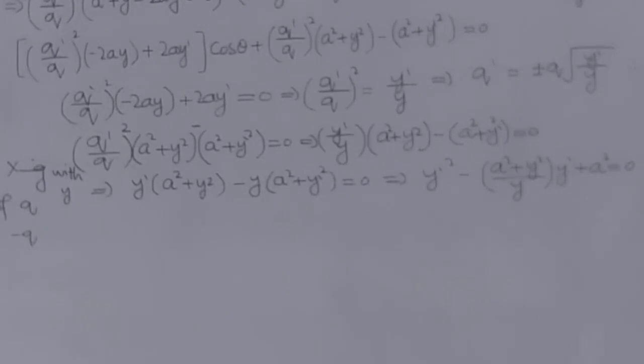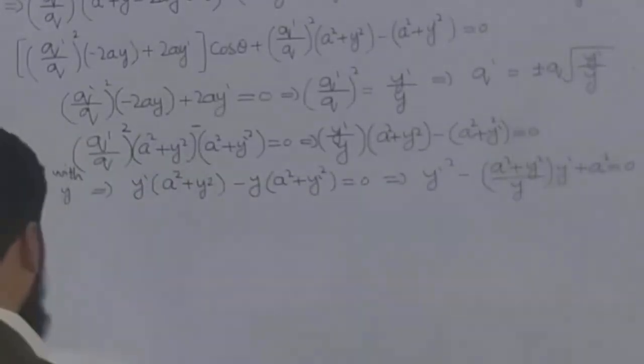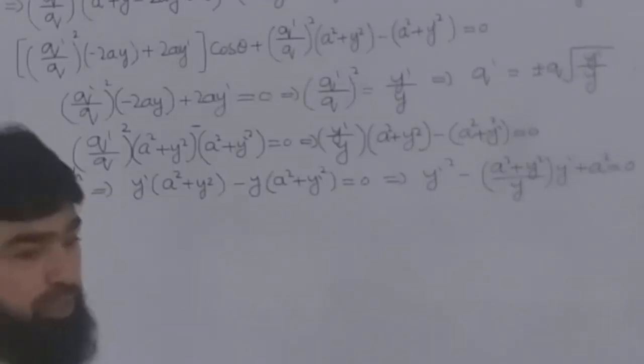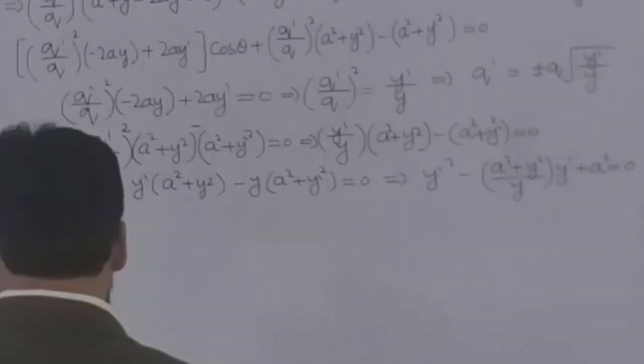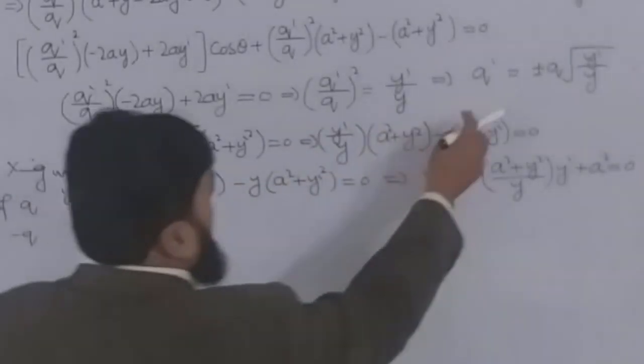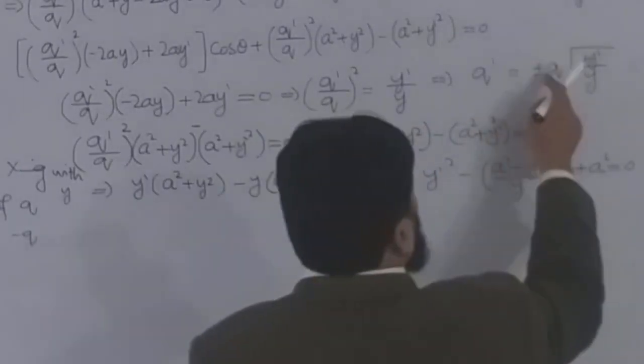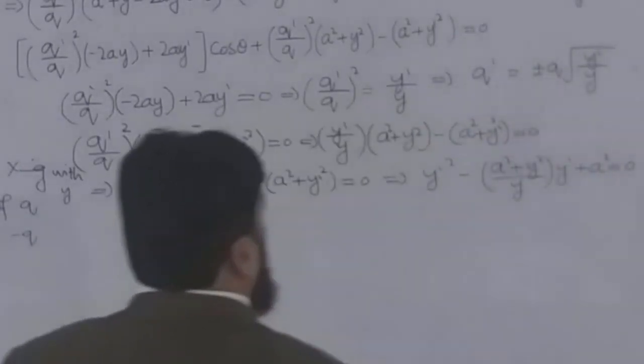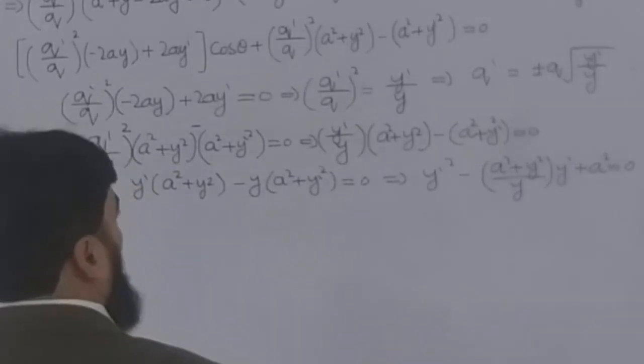Okay, so we got two results and now we will have to merge them as well. To merge them, our q prime was equal to plus minus q y prime over y.